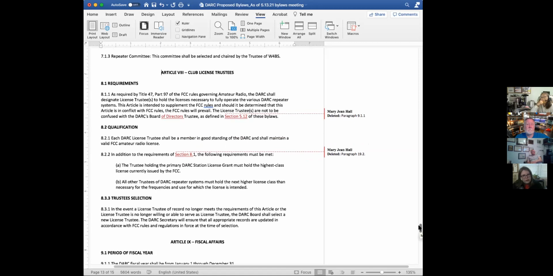All right. In this section, I think maybe Joe mentioned at a previous meeting that we need to get rid of some of this since we only technically have the one trustee. So this may be something we chunk a lot out of.